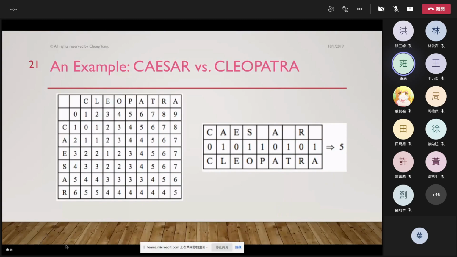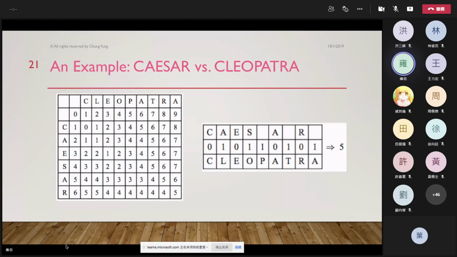Okay, there is another way to compute edit distance, shown in the figure on the right. You list the spelling of Caesar as the first row and show the spelling of Cleopatra as the third row. We do the computation in the second row. We try to match the same characters as many as possible.